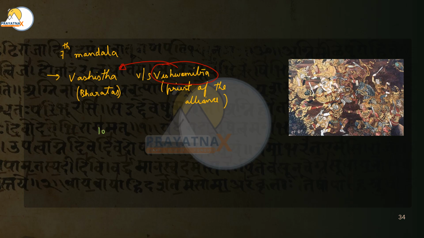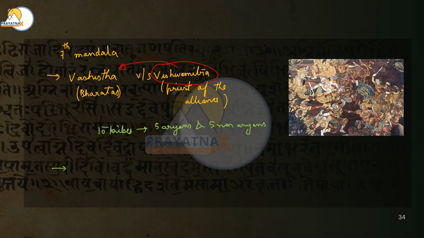Now, the 10 tribes included 5 Aryans and 5 non-Aryans. Now, they joined the coalition and killed their ruler, and hence Sudas emerged victorious and established the supremacy of Bharatas.